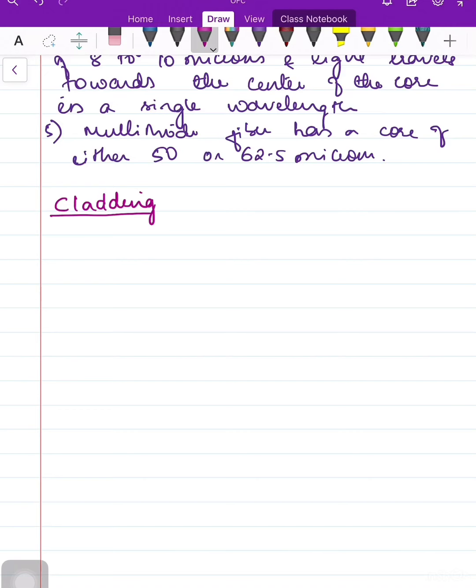Clear? A typical core will have a refractive index of about 1.49 at 1300 nanometer, while the cladding may vary slightly, like it may have 1.47.